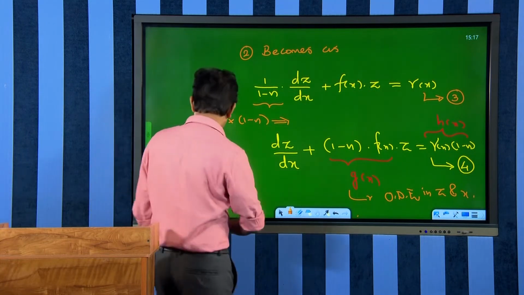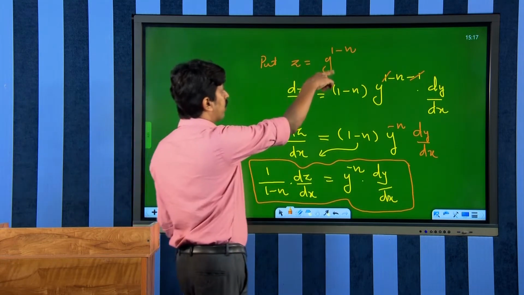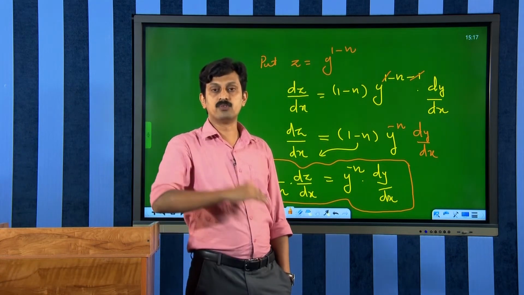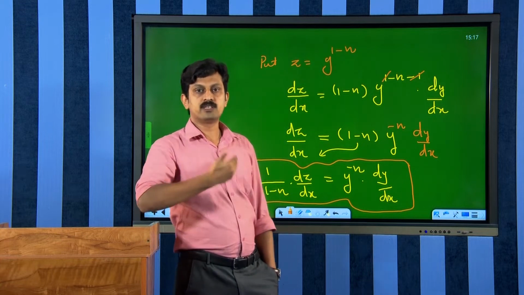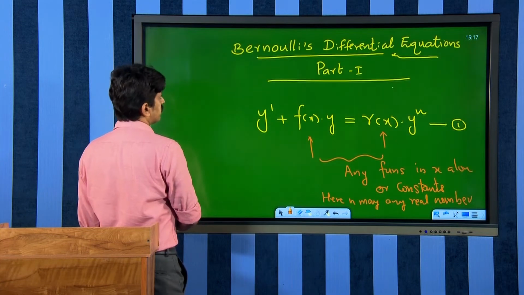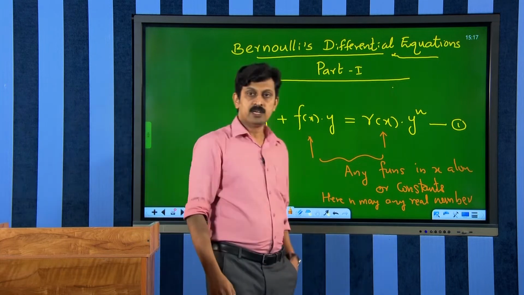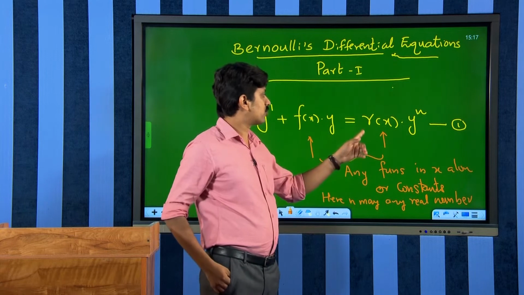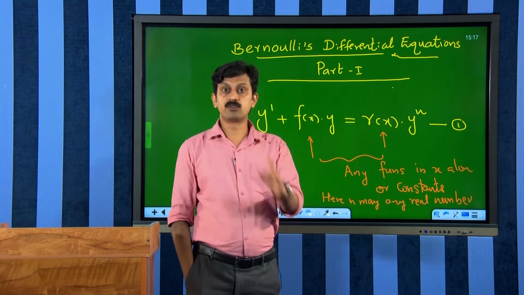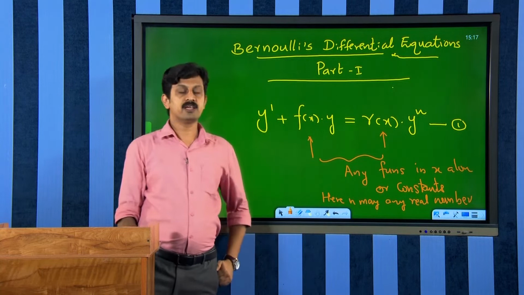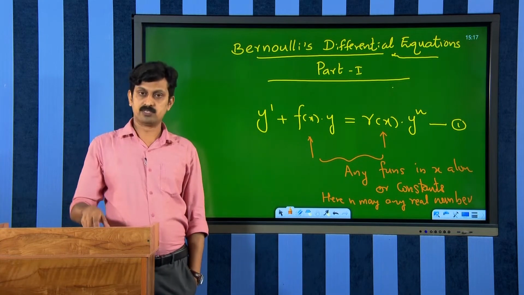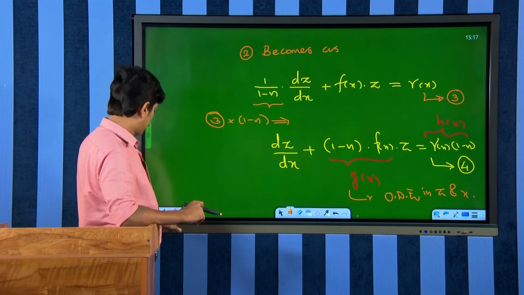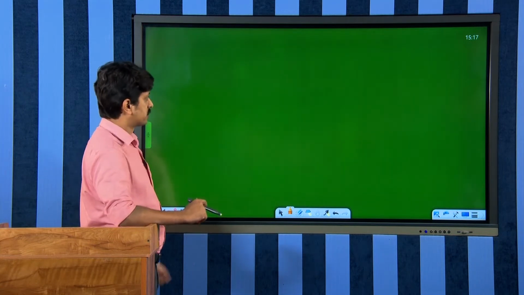After that, you can replace z by y raised to 1 minus n, and finally we will get the solution in x and y. That is the solution of Bernoulli's differential equation. A differential equation of the form y dash plus f of x into y is equal to r of x into y raised to n is Bernoulli's differential equation. Okay. This is the way to solve Bernoulli's differential equation.